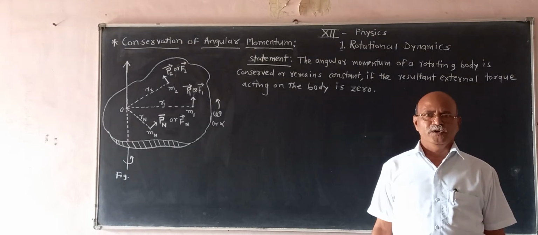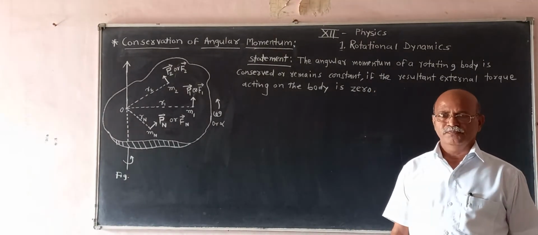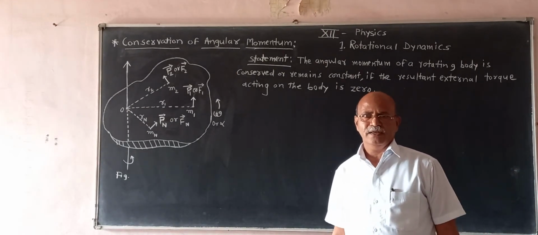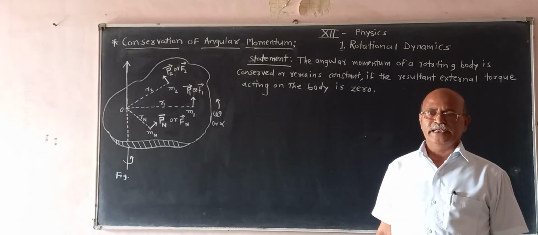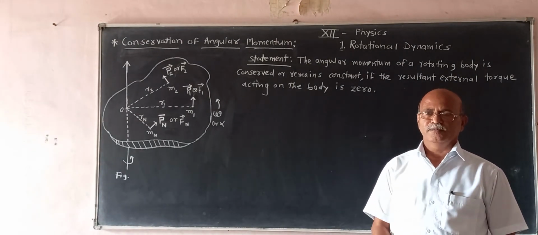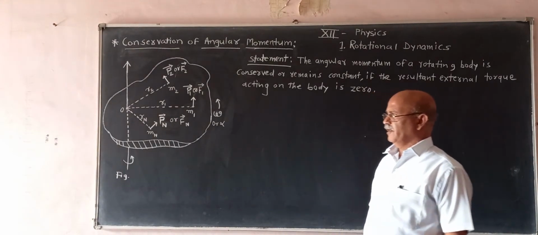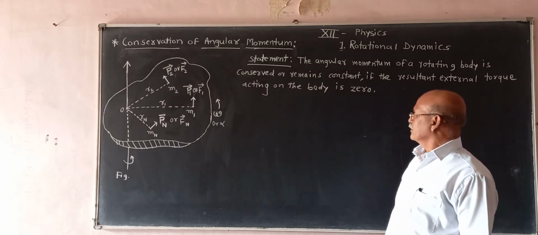In the last two videos, you have seen angular momentum in terms of moment of inertia, and torque acting on a rotating body in terms of moment of inertia. Now, today we see the conservation of angular momentum.